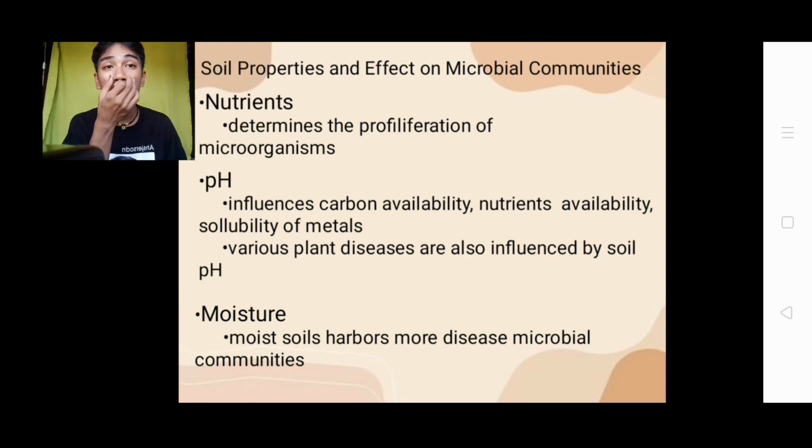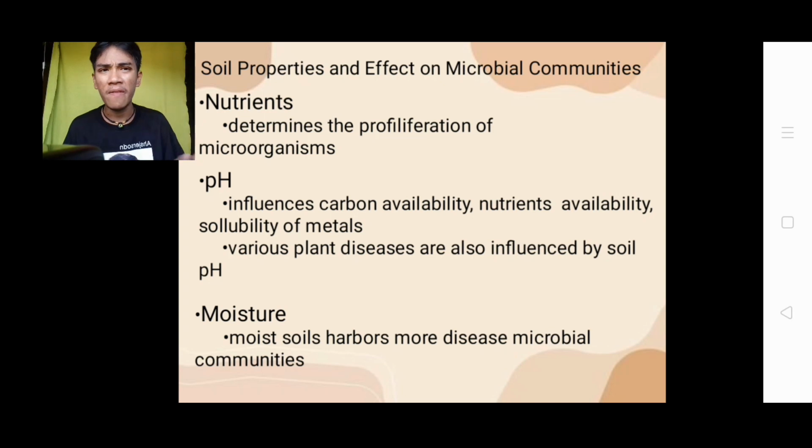So, soil properties and their effect on microbial communities. First, we have the nutrients. Nutrients determine the proliferation of microorganisms. The pH influences carbon availability, nutrient availability, and the solubility of metals.